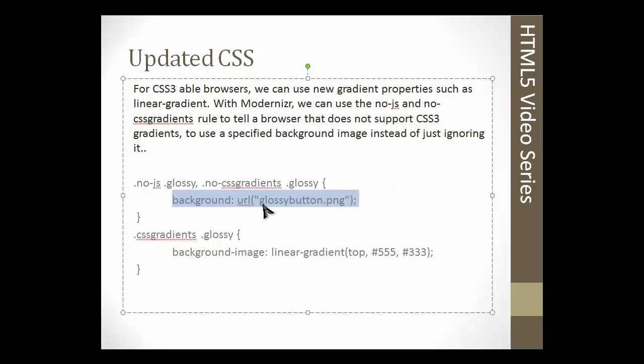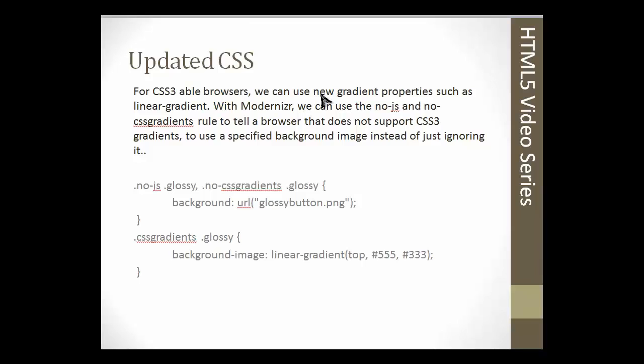You would have to create a glossy image or a gradient image, and it would just default to that. And if the browser did accept the CSS3 gradient properties, this is what it would do. It would do the background image, and then this is all CSS3, the linear-gradient function here. So very useful for CSS3.